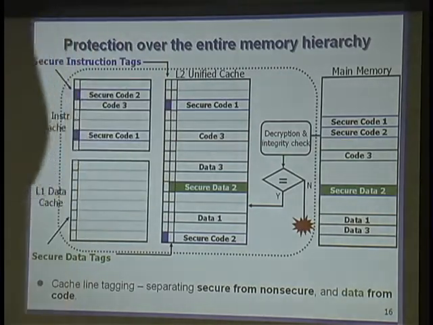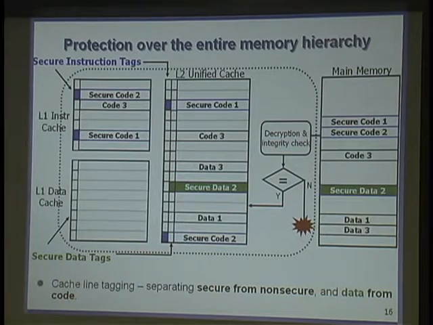And if it didn't check out, it would never have got onto the chip in the first place. But everything is in plain text now, so there's absolutely no performance hit. And similarly, when you bring data from the L2 cache to the L1, it will bring a secure data tag.